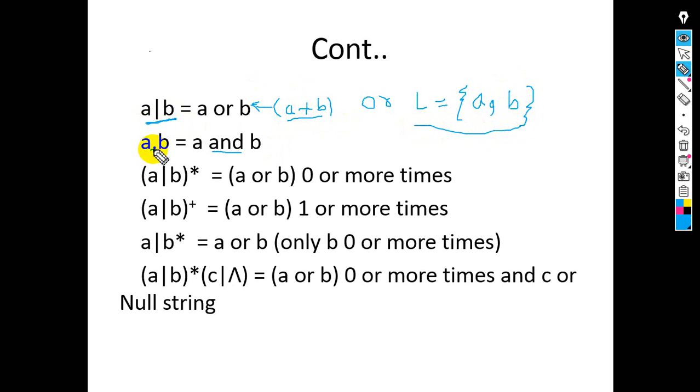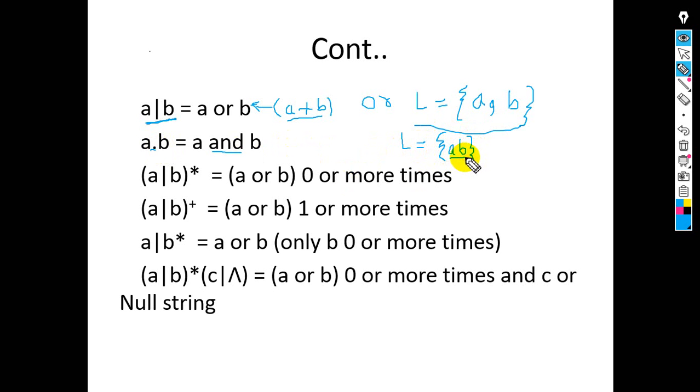How will we write A dot B, or A and B? The language for this will be just like this: A B. A and B, or A dot B, means AB.